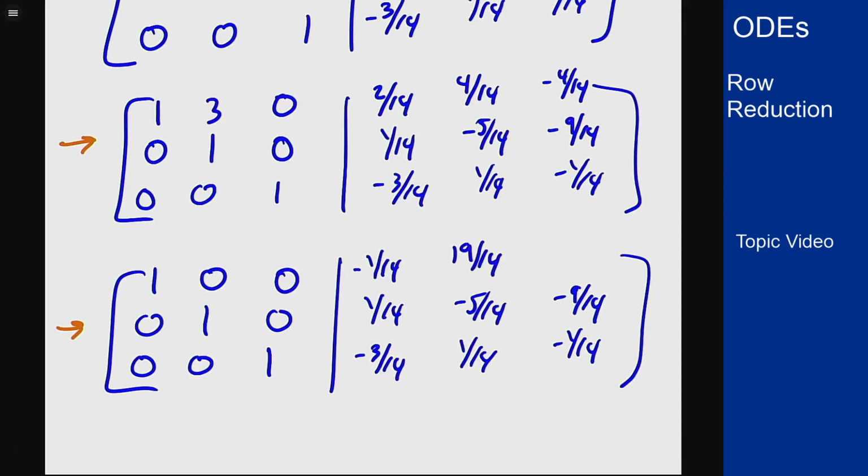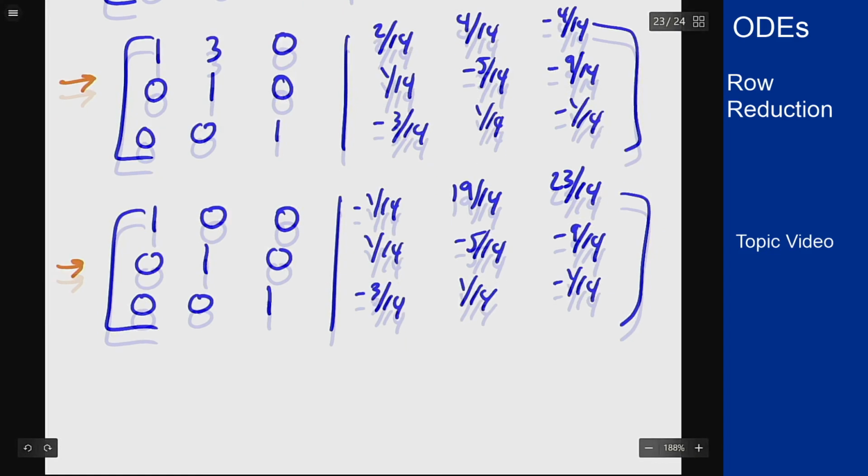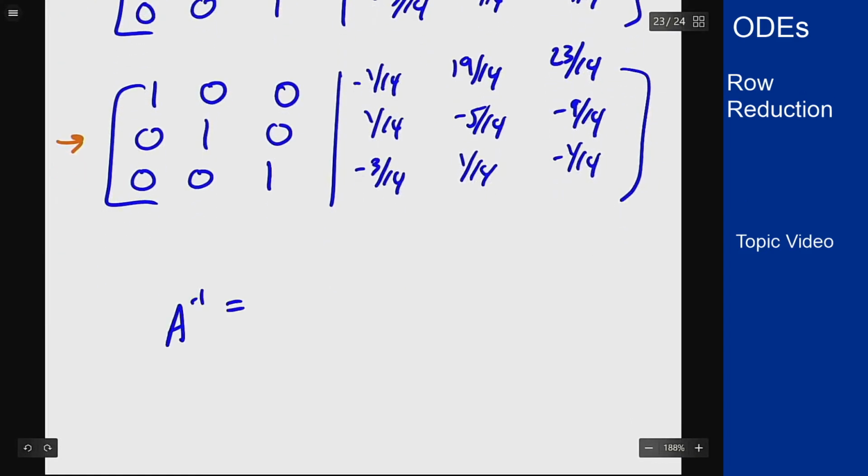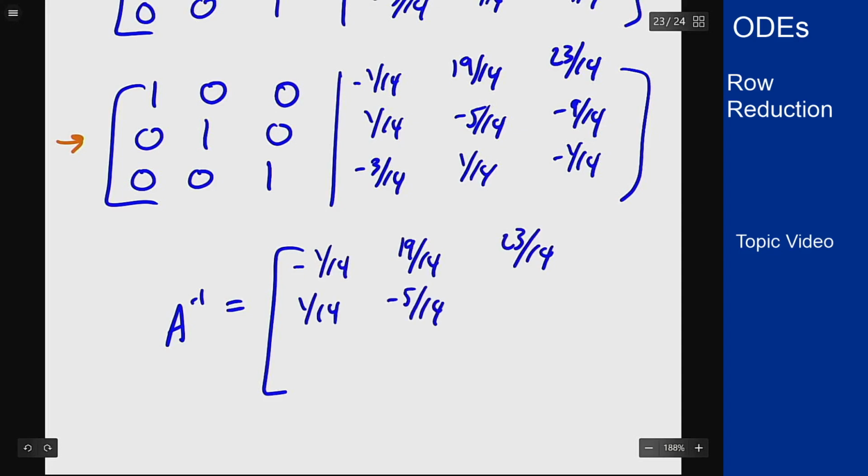And -4 minus 3 times 9 is -4 plus 27, which is 23 over 14. And so that tells us that the inverse of this matrix is exactly this: -1 over 14, 19 over 14, 23 over 14, 1 over 14, -5 over 14, -9 over 14, -3 over 14, 1 over 14, -1 over 14.